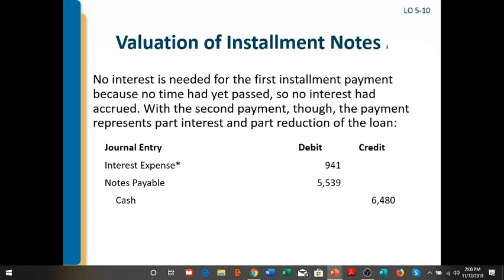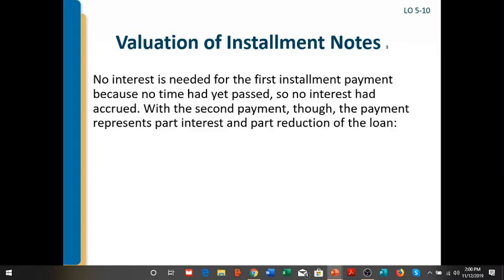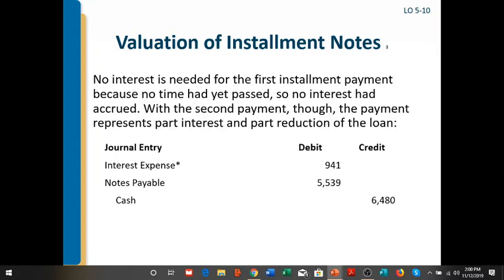Now, note here that this initial payment has no interest component because no time has passed. You just purchased this machine on the date that you make your first note payment. Now on the second payment and thereafter, you're going to have interest expense.